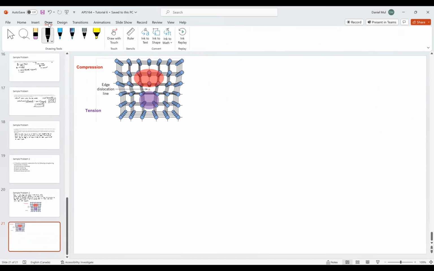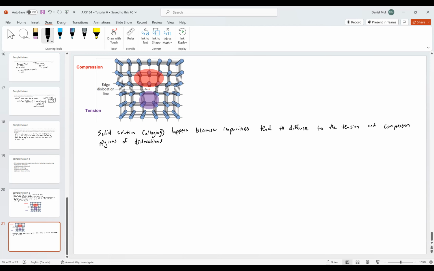Okay. So solid solution. So alloying happens because impurities tend to diffuse to the tension and compression regions of dislocations, as they are more stable there.